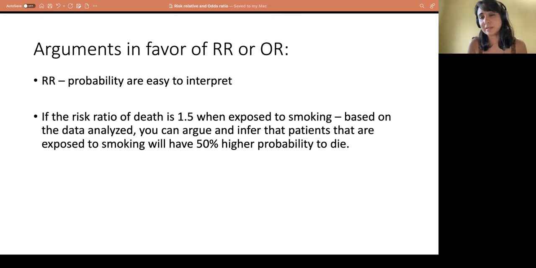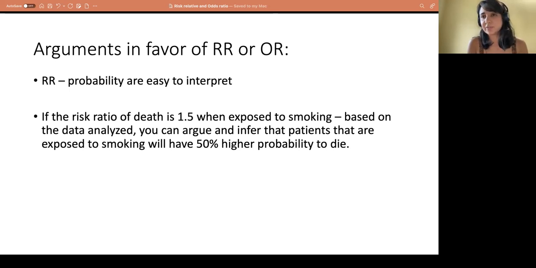But if you use risk, you would have a more reliable parameter. If you find a risk ratio of 2.4, it means that the exposure, the risk factor, will increase the probability to develop the disease or the probability to die 2.4 times. So it's much easier to interpret.